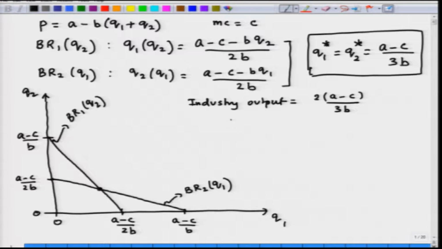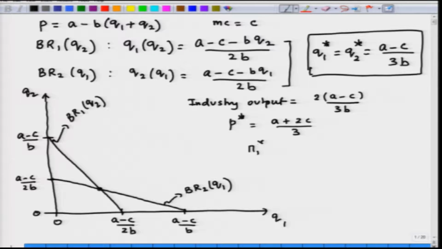Therefore, the equilibrium price in this market, which is A minus B times Q1 star plus Q2 star, on substituting the total industry output 2 times A minus C by 3B, gives P star as A plus 2C divided by 3.